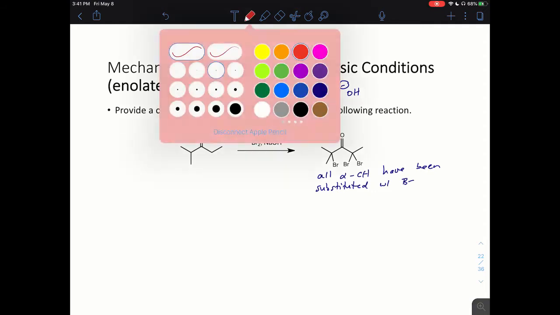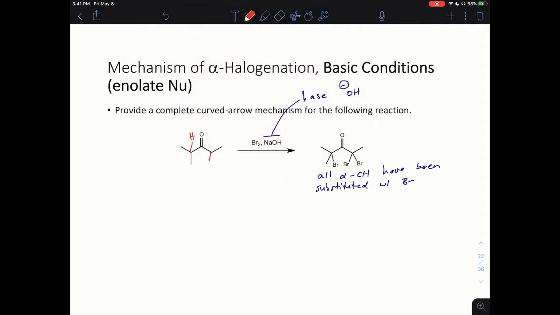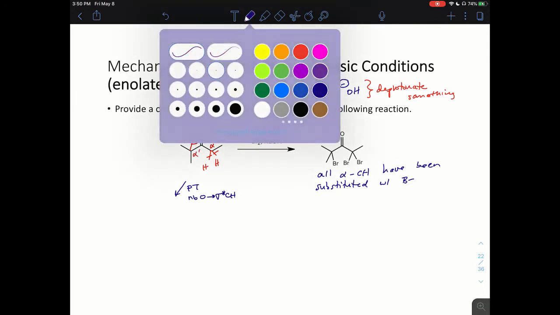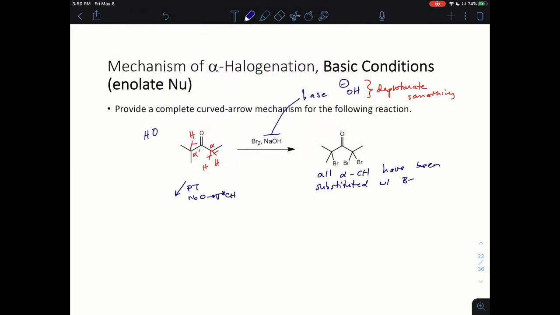So every single alpha hydrogen, there were 3 of them, we had substitution in all 3 positions. It doesn't matter which alpha hydrogen you deprotonate first. All of them will be deprotonated eventually. But I suppose we will deprotonate first the one that leads to the lowest energy enolate, which is the most substituted enolate.